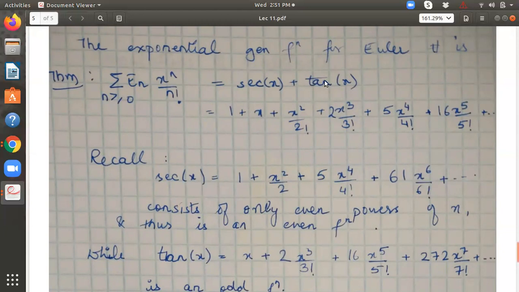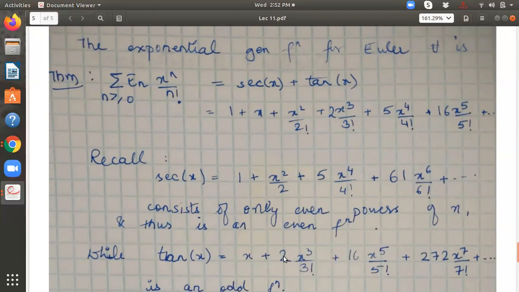And this later part, the tan x, when you take the terms out, it's actually x, 2x cube over 3 factorial, 16x5 over 5 factorial, and so on, has only the odd powers, correct? So here, if I put tan of minus x, I'm going to get a minus x, 2 times minus x whole cube, so a minus will come out here, 16 minus x whole raised to 5, so minus will come out here, and so on.